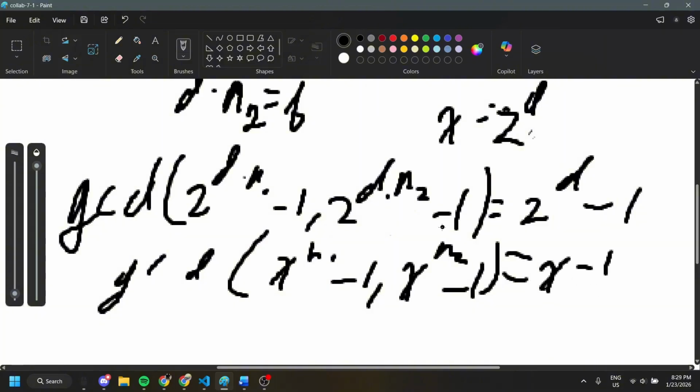So the greatest common divisor of x to some power minus 1 and x to another power minus 1 is equal to x minus 1. Okay. Can we prove this is true?